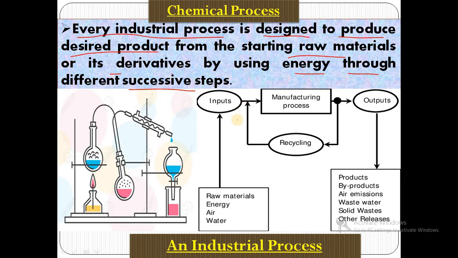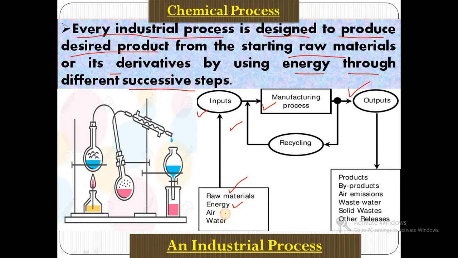So overall, this diagram represents that when input is inserted, it undergoes different manufacturing processes, and after that we get the desired product, that is the output. So this is the simple process: input, manufacturing process, and then output. Input consists of various types of raw materials.